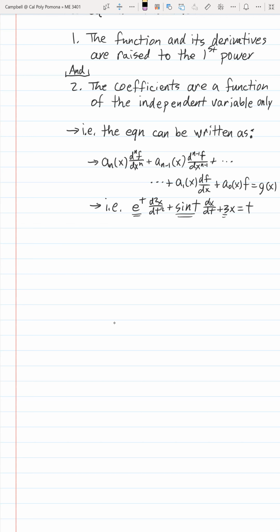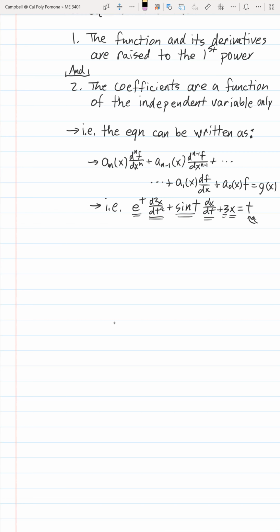They're all functions of the independent variable. And then we have the function and its derivatives raised to nothing but the first power, and they aren't part of transcendental functions or anything else. And then, of course, any functions or values on the other side involve only the independent variable itself.